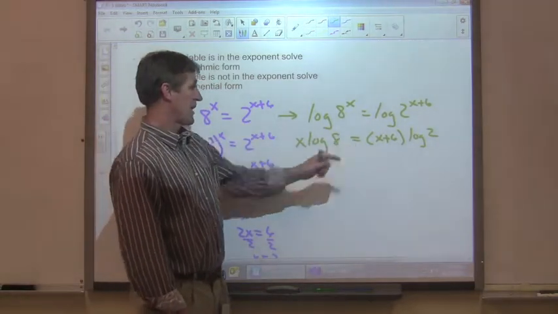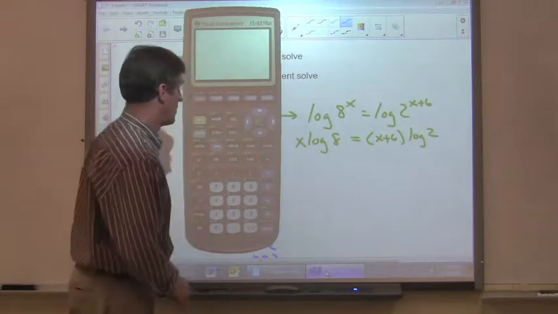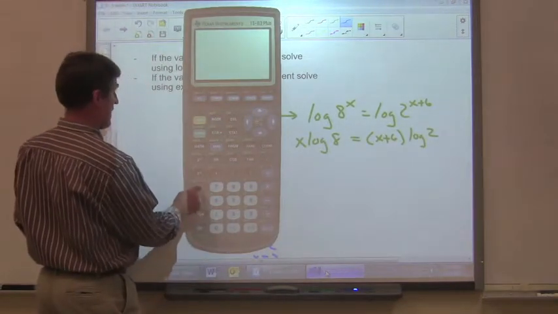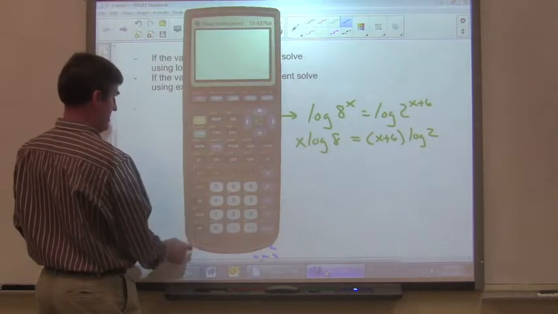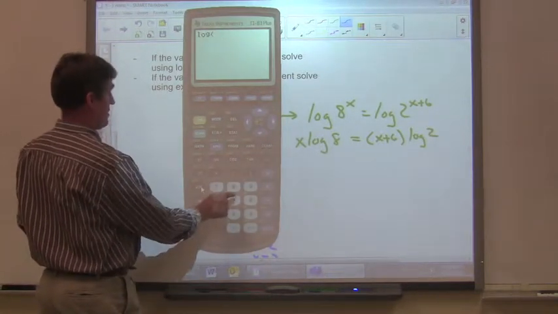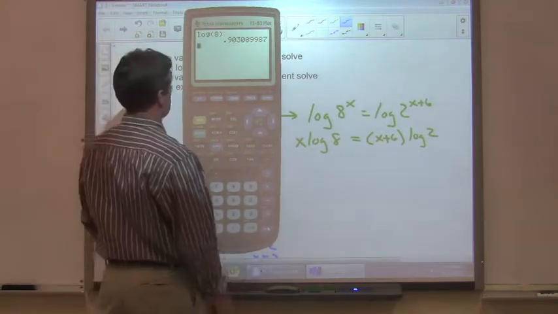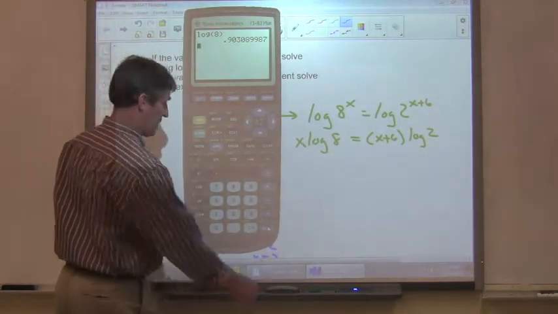We can do these on the calculator. So if I call the calculator up, we can figure out what log 8 is. So log 8, and we can insert 0.903.